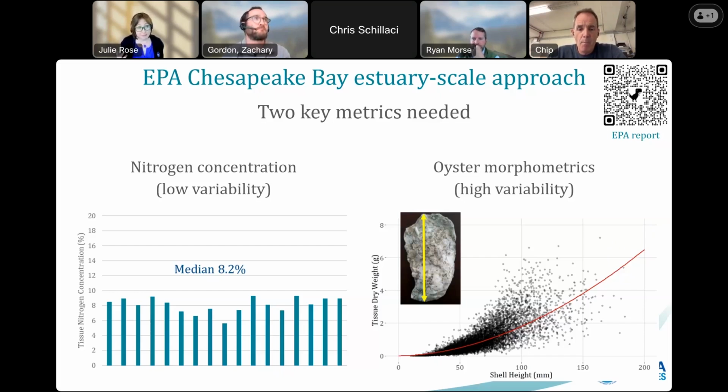This metric exhibits a lot more variability. For this reason, the panel aggregated a lot more data in order to be confident that they are accurately capturing a good middle value, a good typical value for this relationship between animal size and weight bay-wide.